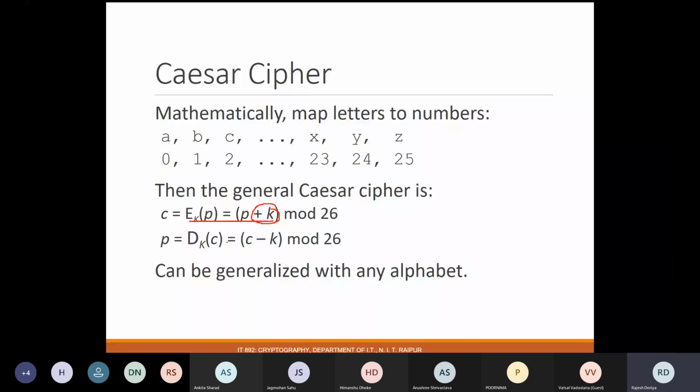Similarly, for decryption, you can use this notation to represent the process of Caesar cipher. We are taking mod 26 because there are 26 letters in English. If, say, Z is there, then Z is going to be replaced by A, B, C. So Z will be replaced by C. That is why we are taking this mod 26. So it works in a circular fashion.